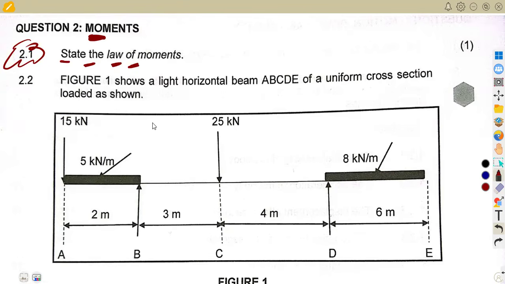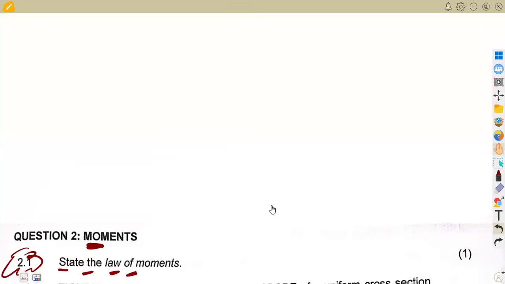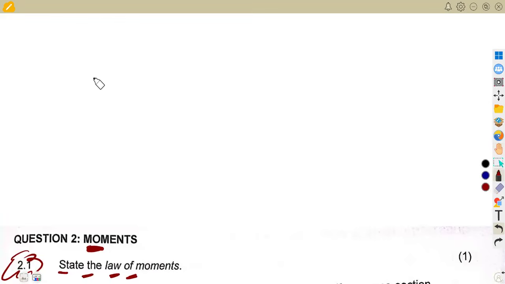Right, what is the law of moments? That was our question in that case, and that is 1 mark. Remember that the law of moments is all about the system of forces which must be in equilibrium.